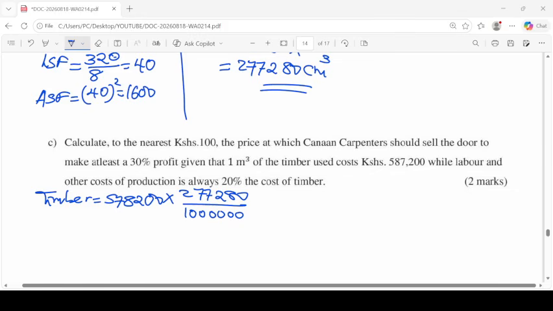This will be 587,200. What did I write here?